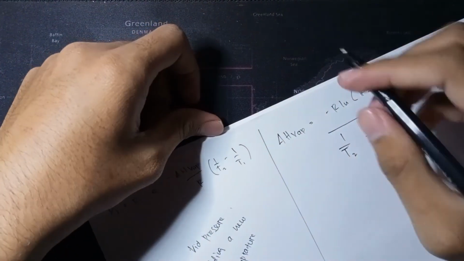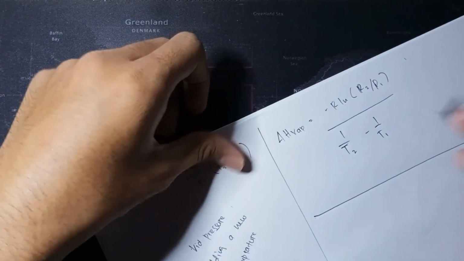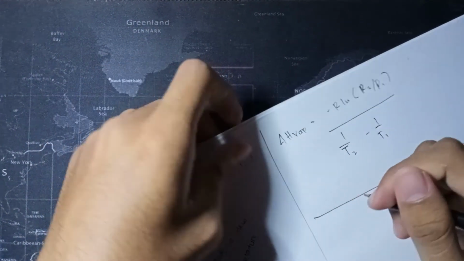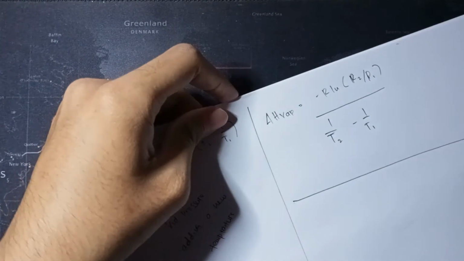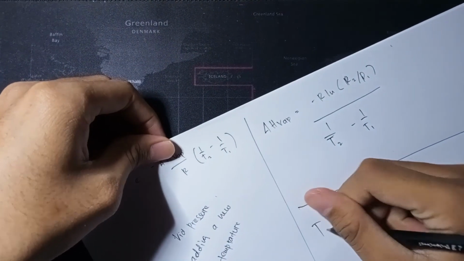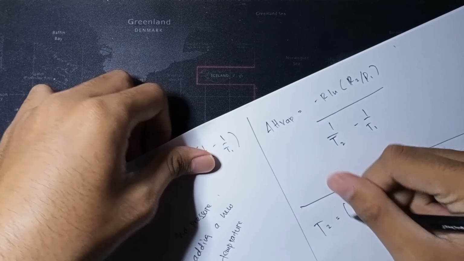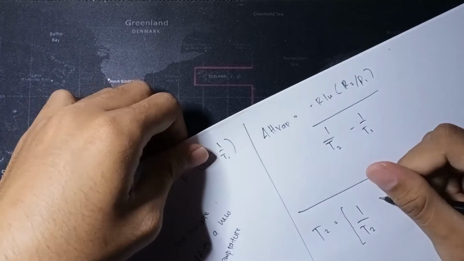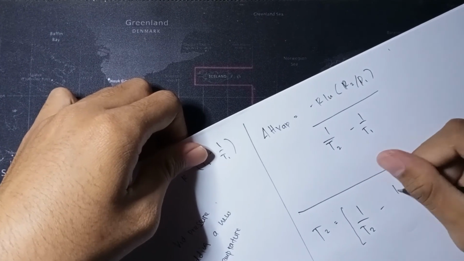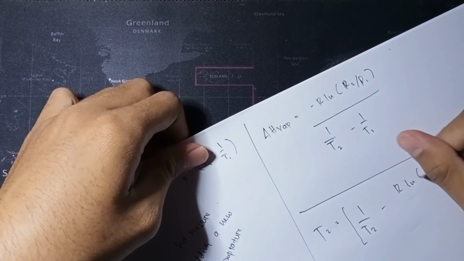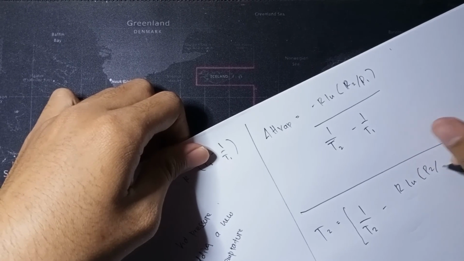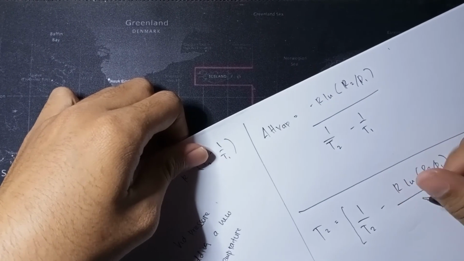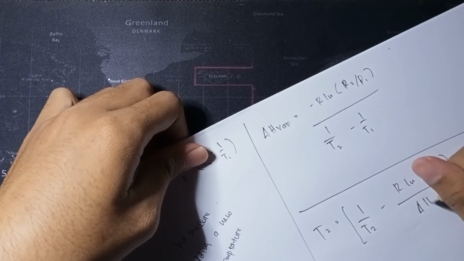Sometimes you will need to find the second temperature. This is the formula that you want to use when you need to do that: ln(P2/P1) all divided by the enthalpy of vaporization.